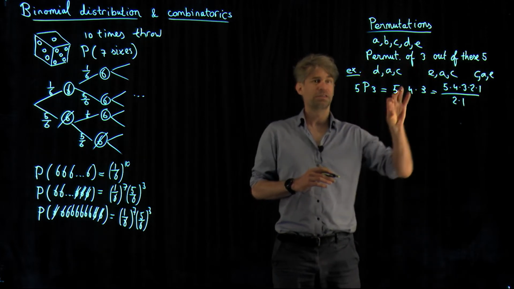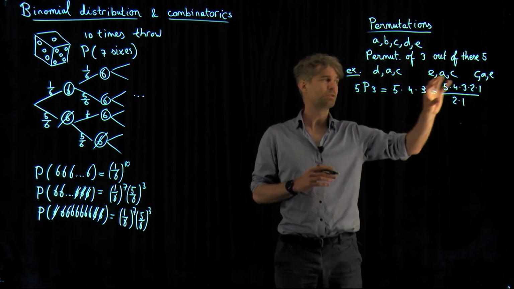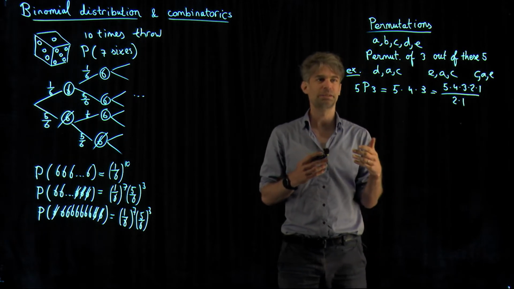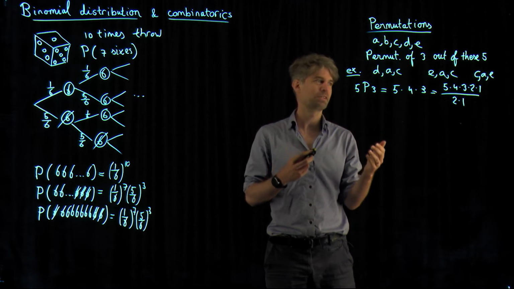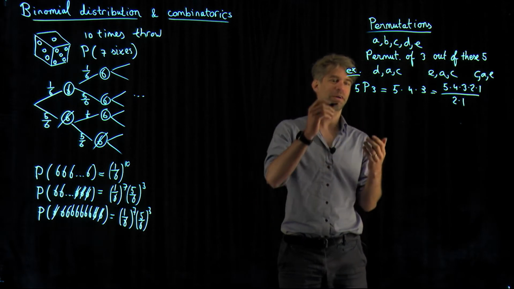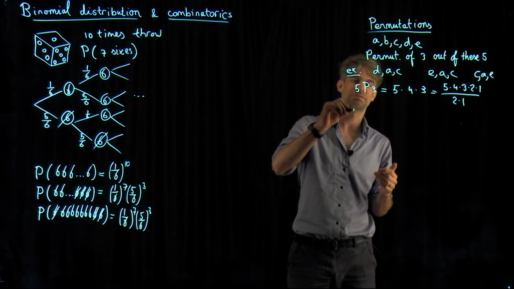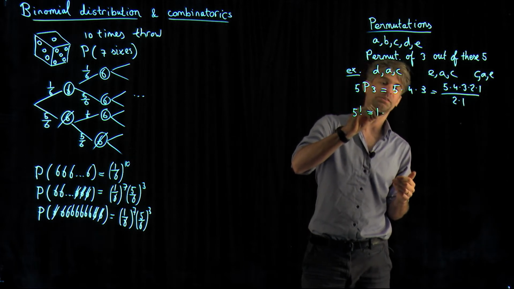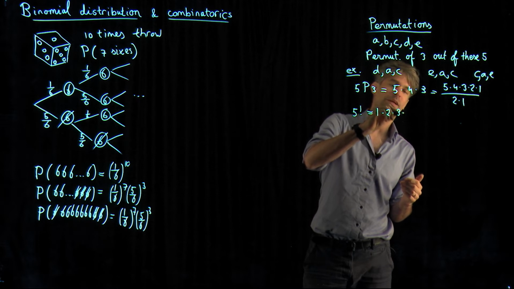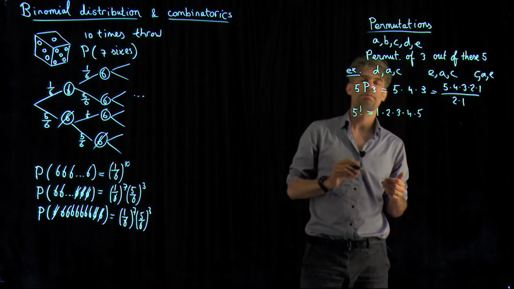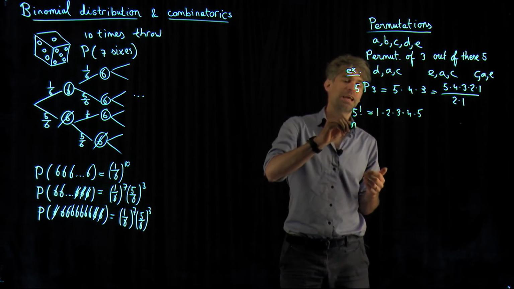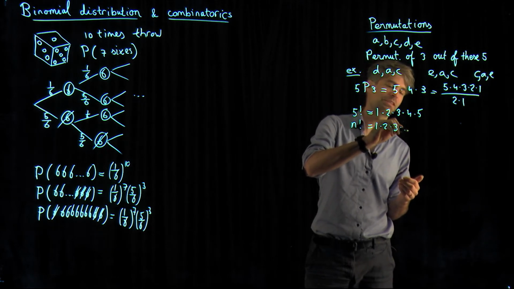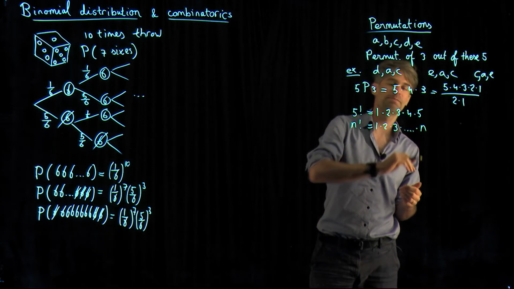Now, there's a notation and terminology for this multiplication of 5 times 4 times 3 times 2 times 1, or generally the multiplication of all numbers up to a certain number, which in this case is 5 factorial. It's 1 times 2 times 3 times 4 times 5. And generally n factorial is 1 times 2 times 3 times up to n.